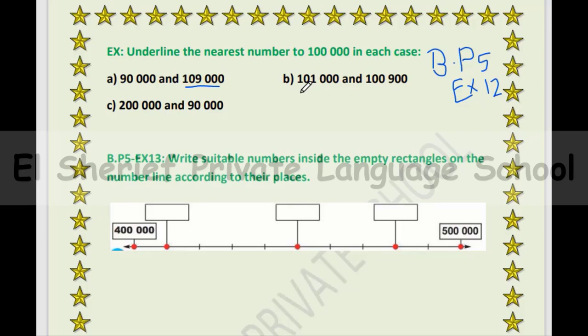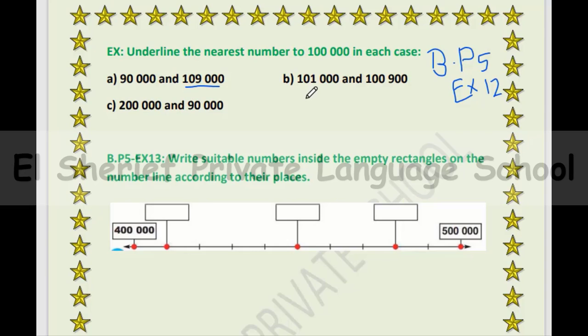Okay, the second one, here we have 101,000 and 100,900. Okay, here we have 900. If we subtract 900 from this number, we will get 100,000. And here, if we subtract from 101,000 just 1,000, we will get 100,000.